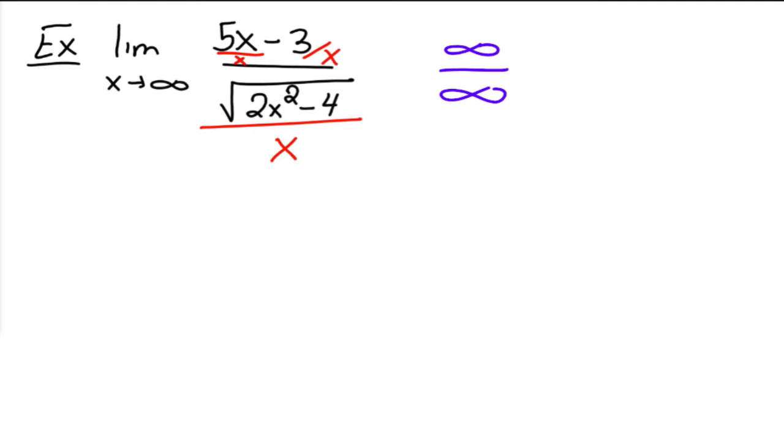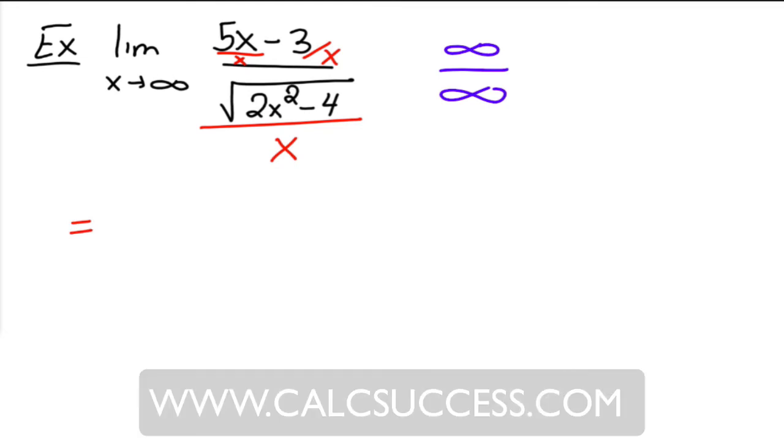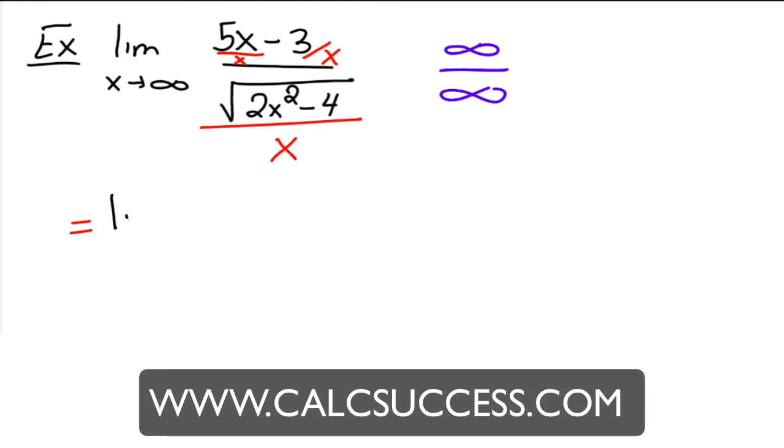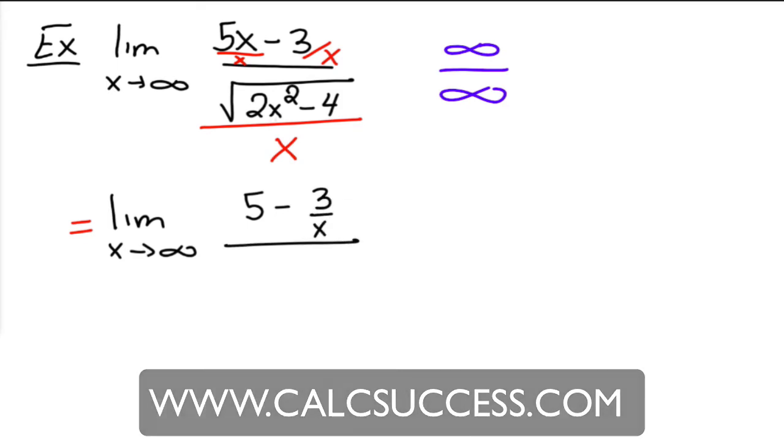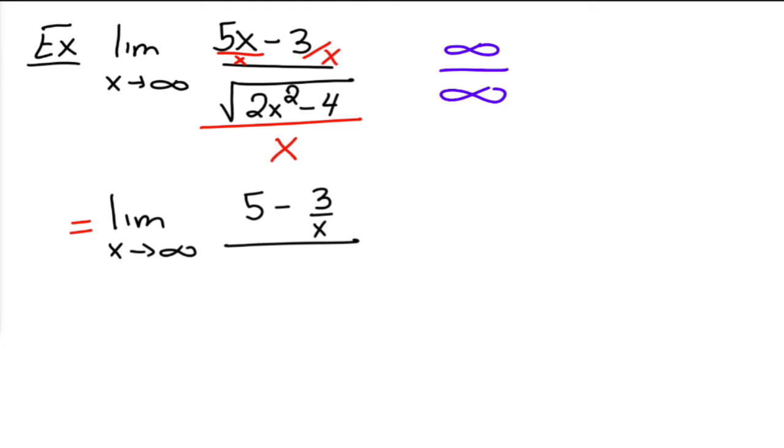Okay. Now the top, you can simplify easily. The top is the limit as x approaches infinity of 5 minus 3 over x. Now on the bottom though, here you've got an interesting situation.